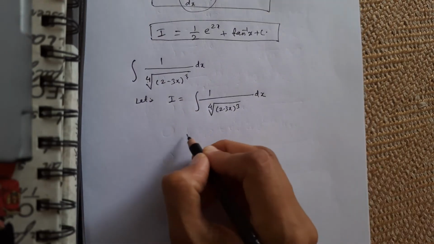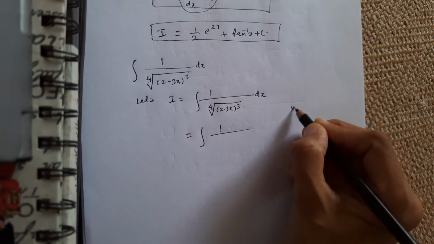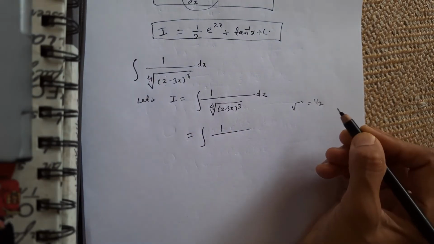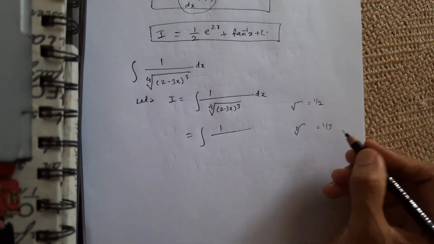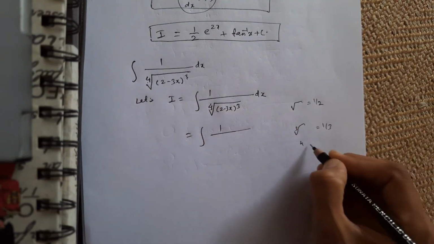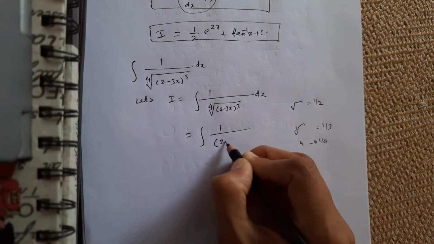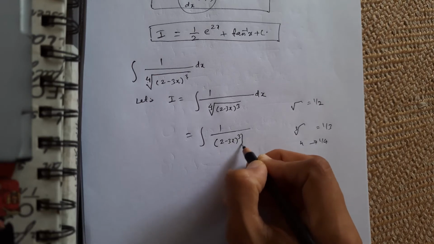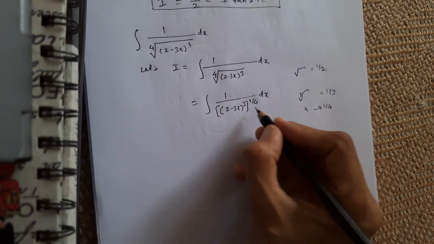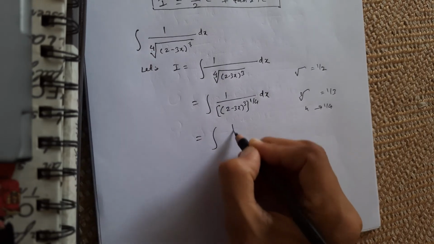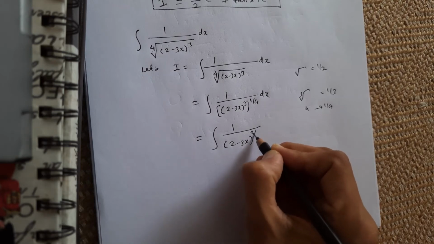Okay, so root means to the power 1 by 2. If you have root 3 here, then it means power 1 by 3. If we have 4 here, it means power is 1 by 4. So this bracket power 1 by 4 means (2 minus 3x to the power 3) to the power 1 by 4 dx. Now this can be written as integration 1 upon (2 minus 3x) to the power 3 by 4 dx.